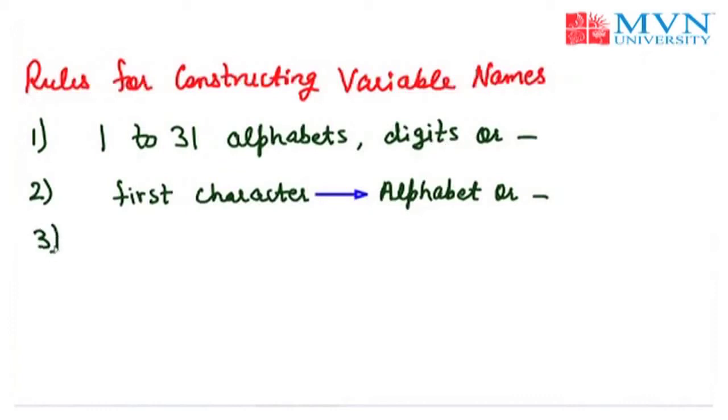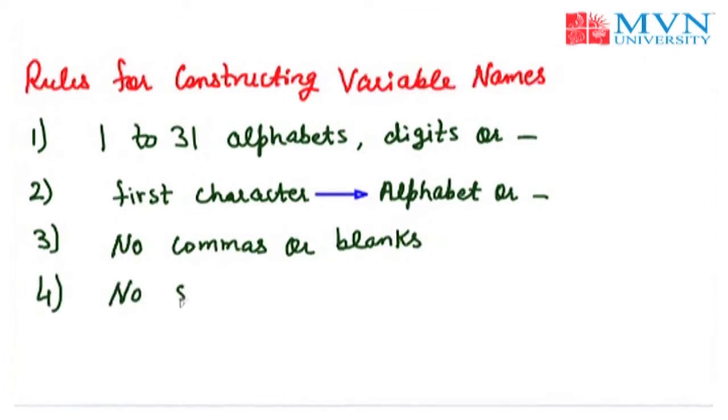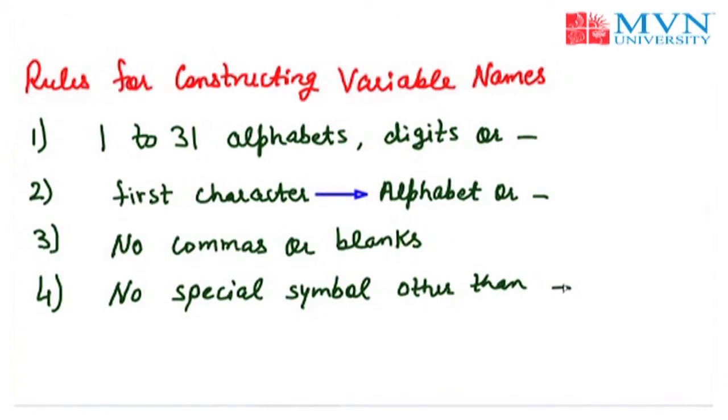Third one is no commas or blanks are allowed within a variable name. Fourth rule is no special symbol other than underscore can be used in a variable name.